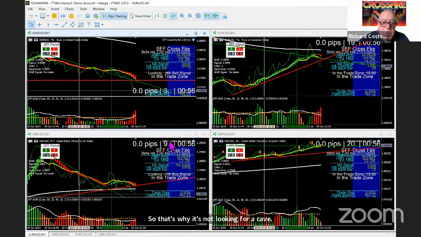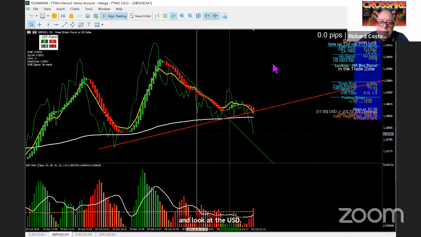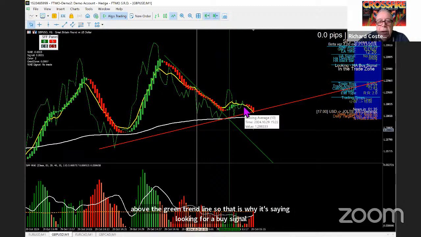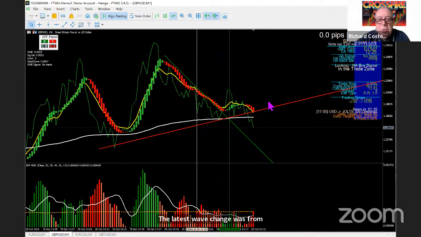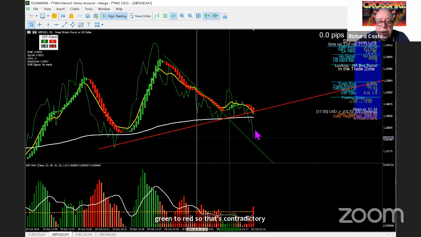I look at GBP USD, a little bit more complex. We're above the green trend line, so that is why it's saying looking for a buy signal. The latest wave change was from green to red, so that's contradictory. In fact, any minute now, price is below the red.